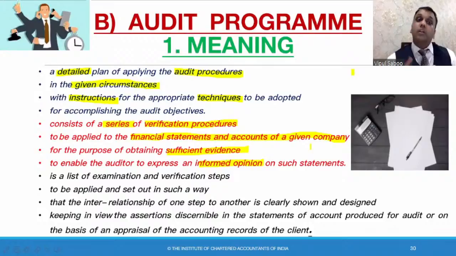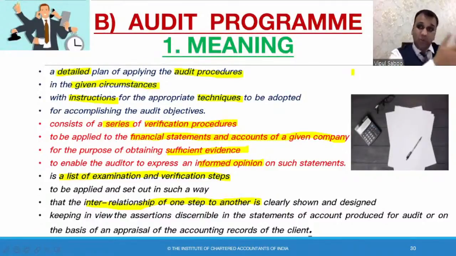Right? A more detailed meaning: it is a list of examination and verification steps. Examining how things are being done. You check the hotel stock, right? How are they stocking the edible products, the raw material used in the restaurant? To be applied and set out in such a way that the interrelationship of one step to another is clearly shown and designed.